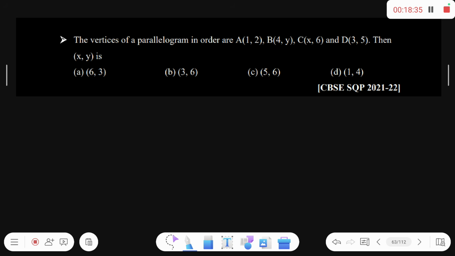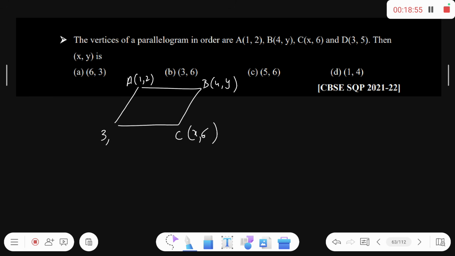Next question. The vertices of a parallelogram in order are given, then find x and y. So parallelogram A (1, 2), B (4, y), C (x, 6), D (3, 5).